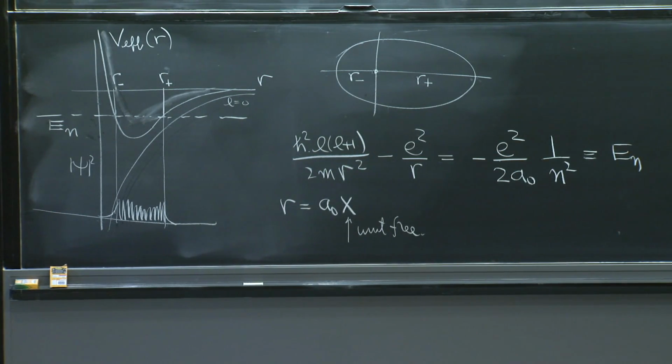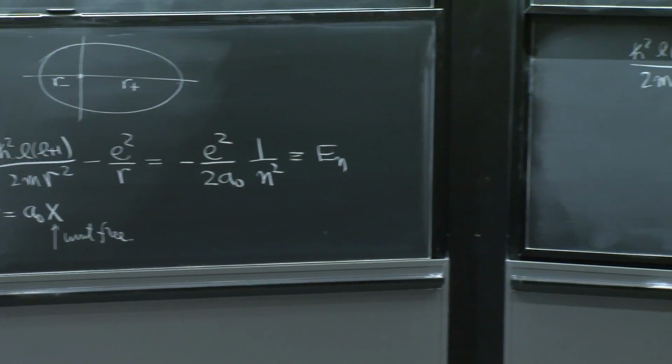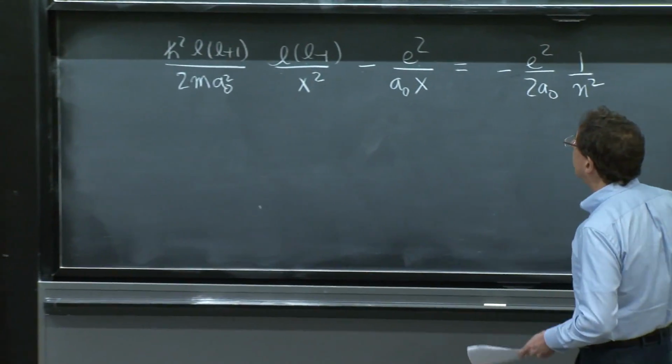And then the equation becomes h squared L times L plus 1 over 2m a0 squared, times 1 over x squared, minus e squared over a0 x is equal to minus e squared over 2a0 times 1 over n squared.